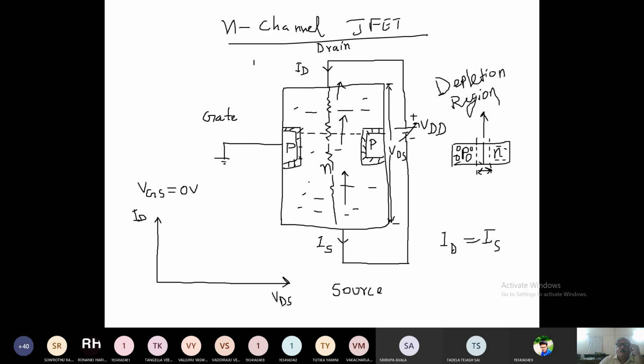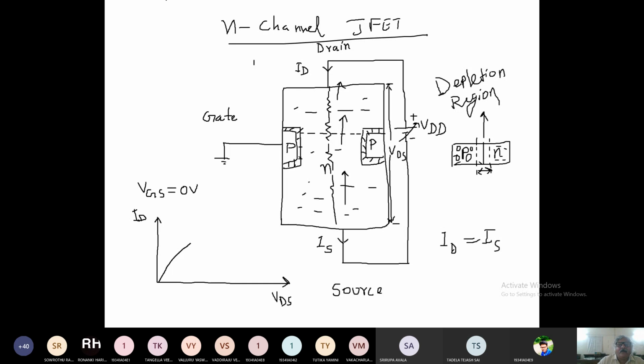Then more and more electrons will be attracted towards the positive terminal of the battery. Then you find that current is increasing. If you are increasing the VDD, then more current is flowing, and the voltage drop across VDS is more.